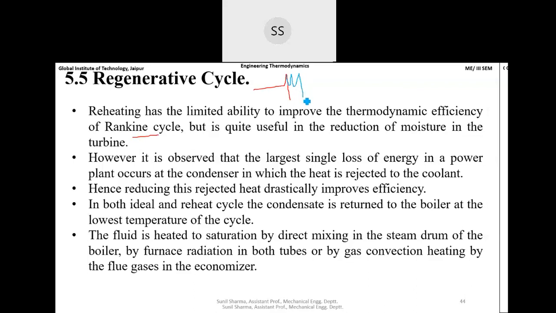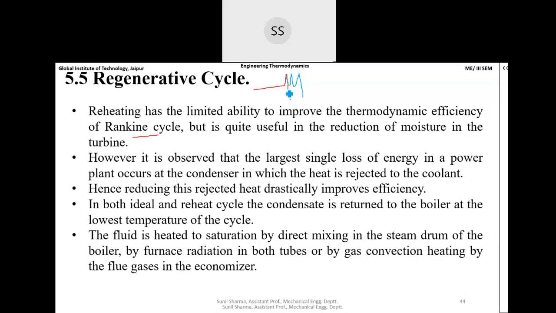As we have also discussed, reheating more than two times is actually a matter of loss, and it also consists of so many changes in the system. So that is a limited efficiency gain, but it is quite useful in the reduction of moisture that we see at the output of the turbine.